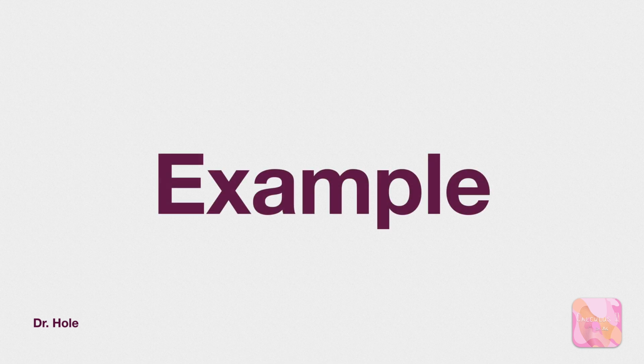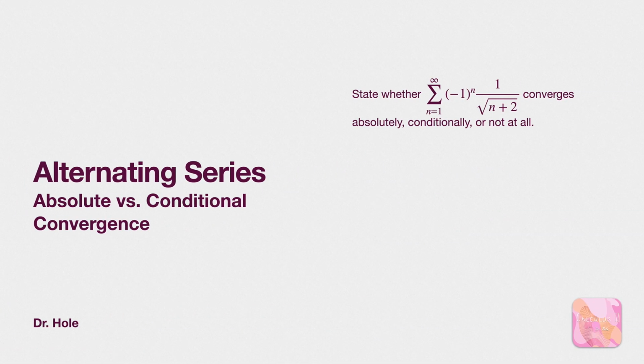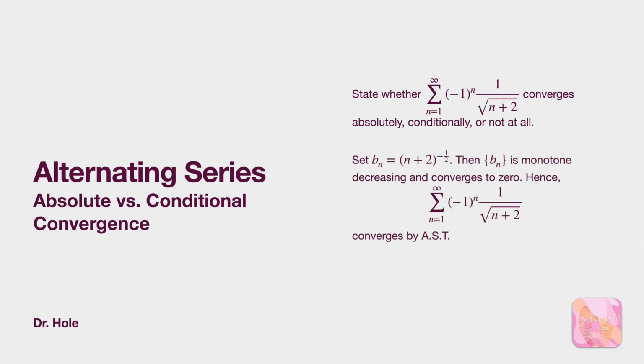Okay, so let's do an example where we look at a series and determine what type of convergence we have. Is the convergence absolute? Is the convergence conditional? Or is there no convergence at all? So, presented with this series, we can note that it is an alternating series, so let's try the alternating series test.